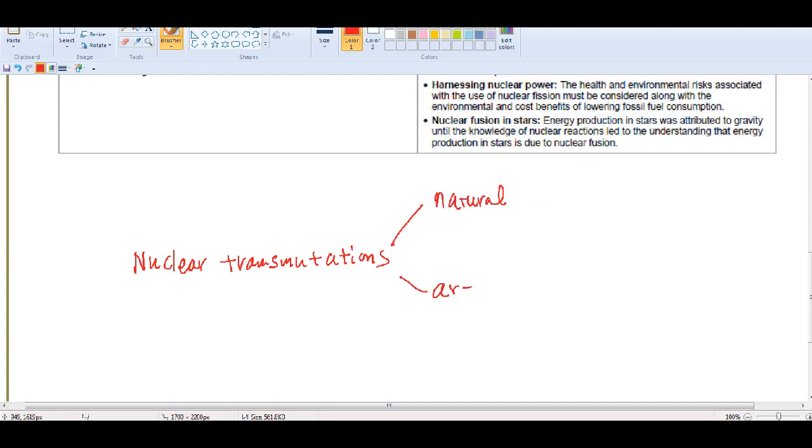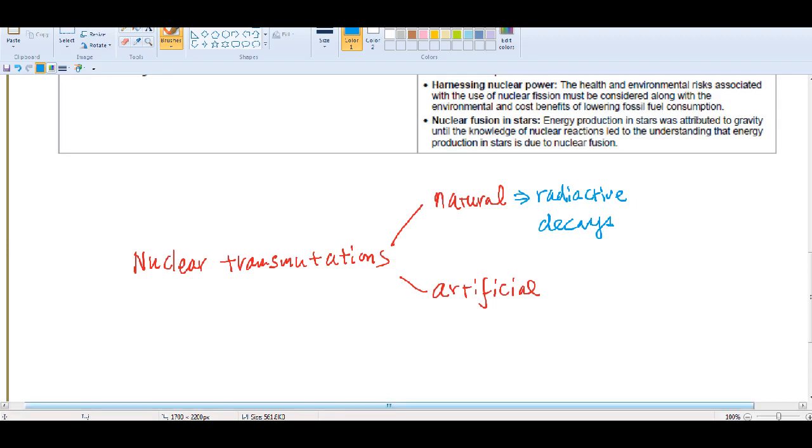The other is artificial. For the natural one, we've learned mainly radioactive decay. There are three types of decay: alpha, beta, and gamma.